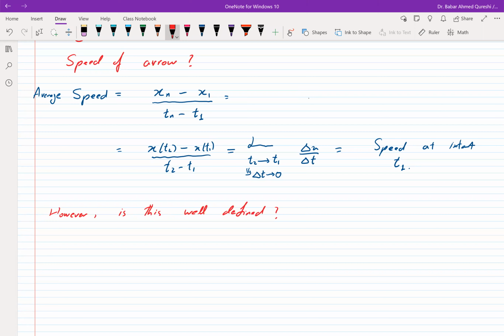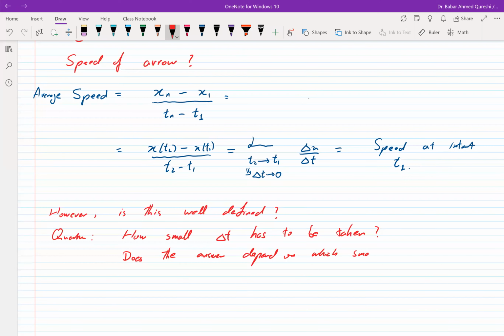Well, the first question which occurs is how small delta t has to be taken. I didn't specify, I just said that it's very small. And does the answer depend on which small value you take?